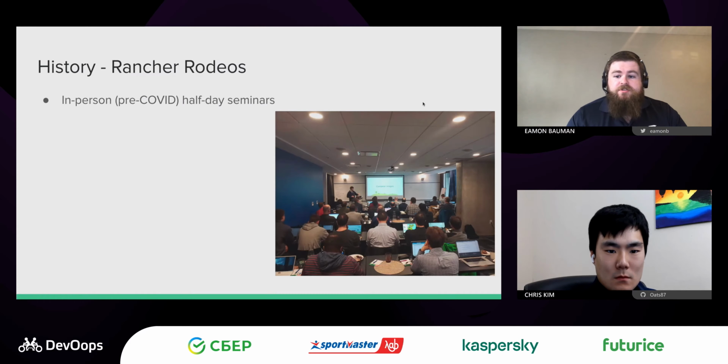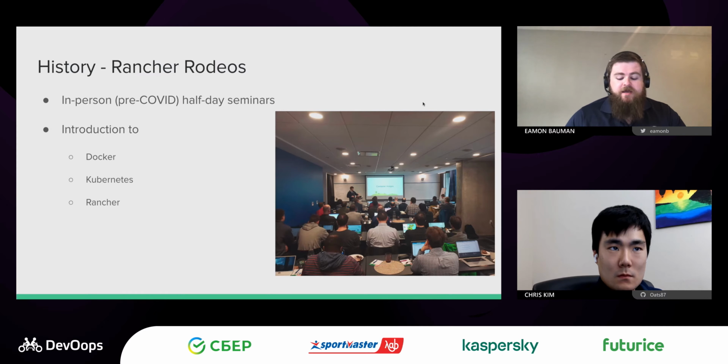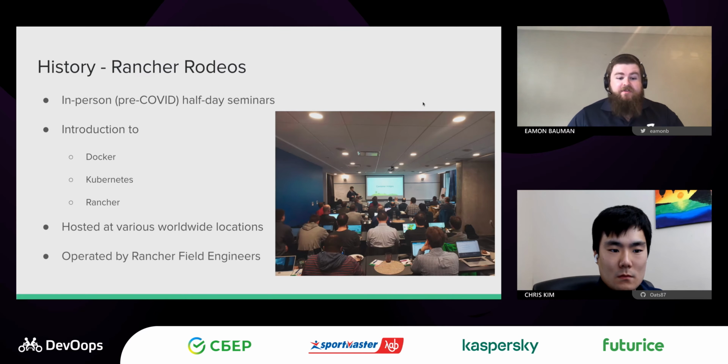They were typically hosted in conference centers, hotels, meeting areas, all around the world. It was a great way for folks to get introduced to Docker, Kubernetes, Rancher concepts, and Rancher field engineers like myself, and at the time Chris Kim, were hosting these Rancher Rodeos around the world.